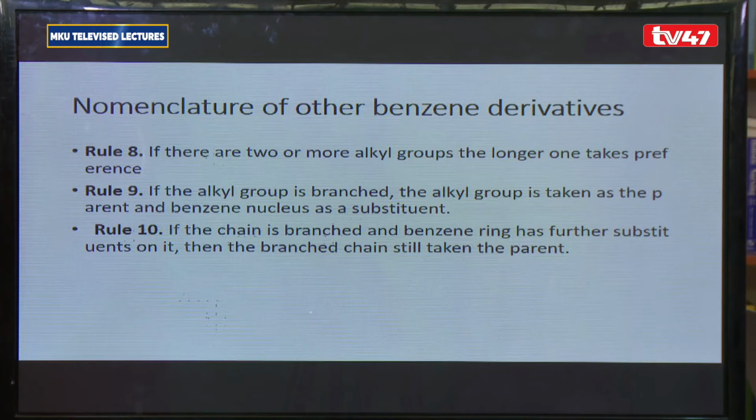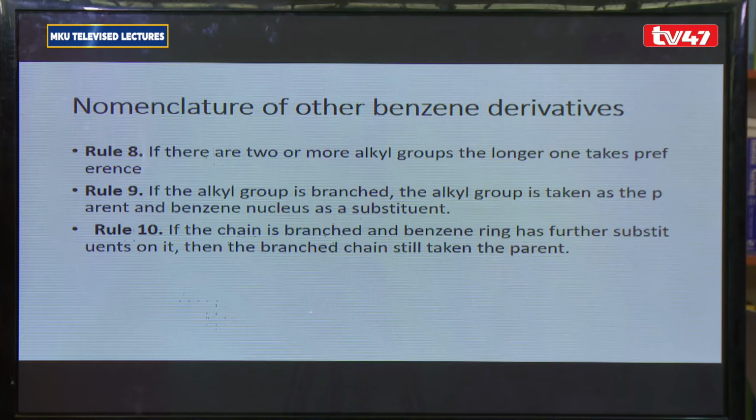So if, for example, you have a propyl and an ethyl group attached to benzene, say in another position, I'll call that ethylpropylbenzene, meaning that I have given preference to the longer alkyl group.